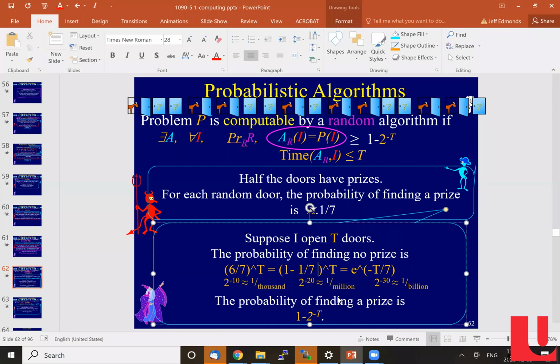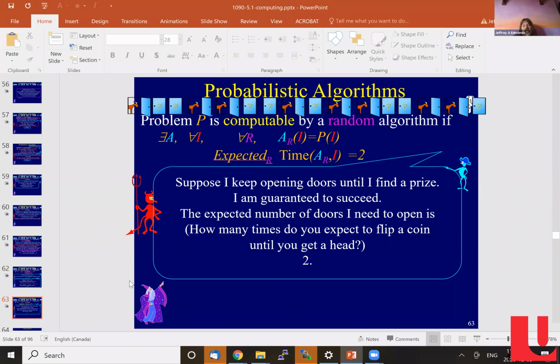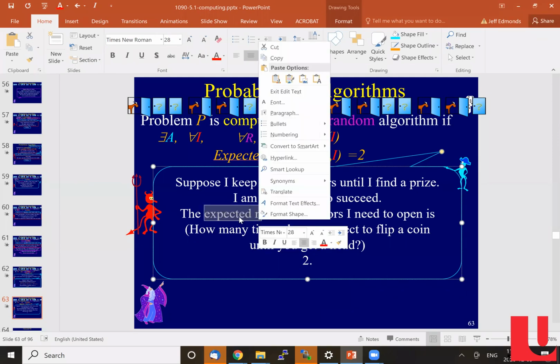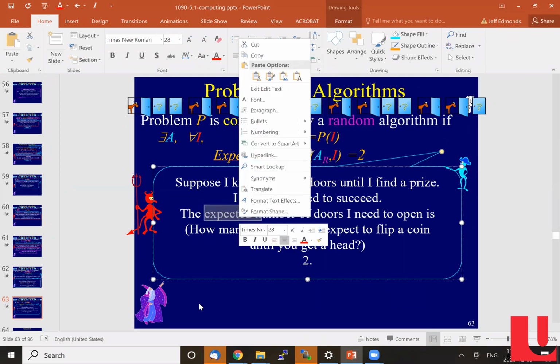For the second slide, where you have expected time, how are the for-all statement and the expected time related? Like, by which logical connection? Is it by and, or implication?